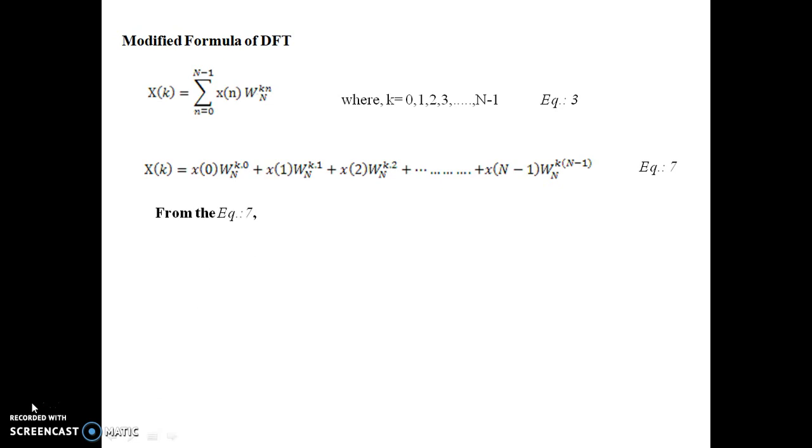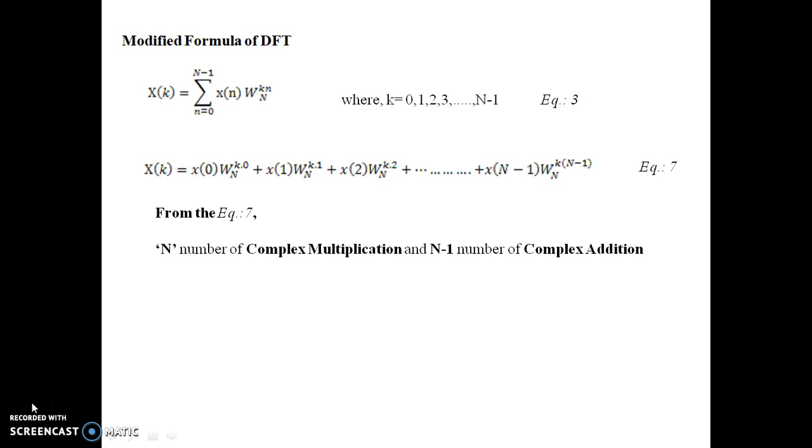So from equation 7, N number of complex multiplications and N minus 1 number of complex additions are there.